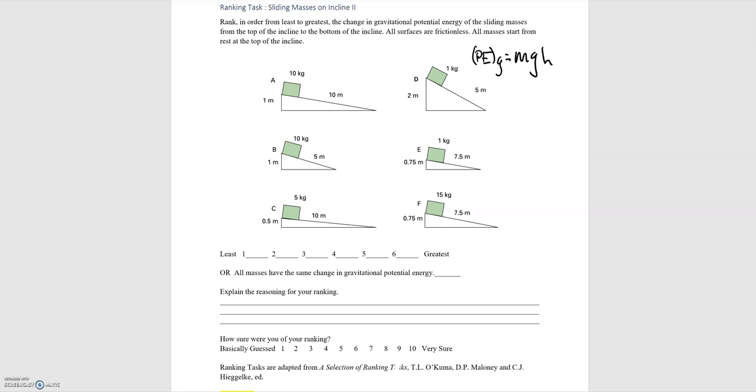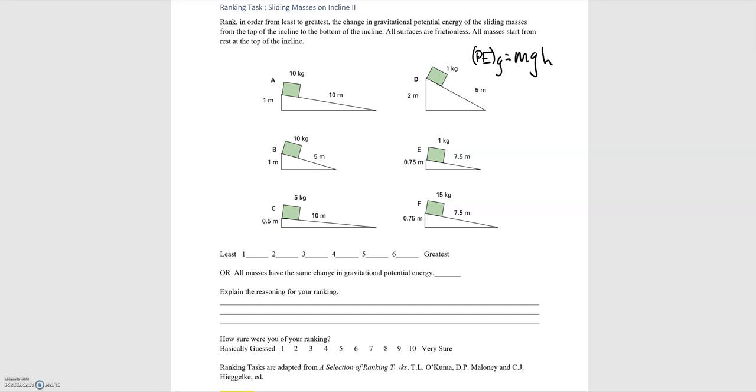We need to start by defining where the potential energy is 0. So what's our baseline value? Since we are asked to compare different situations, we want to choose them all to have the same 0 point for their potential energies.